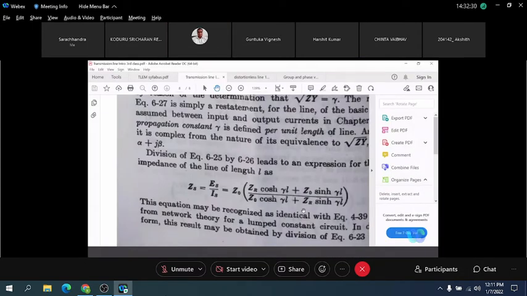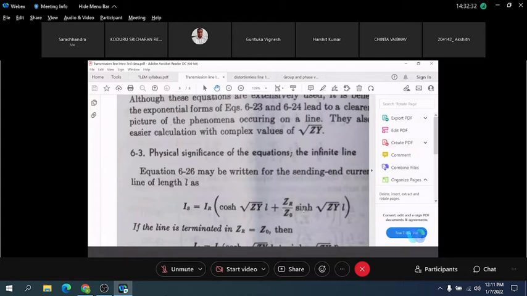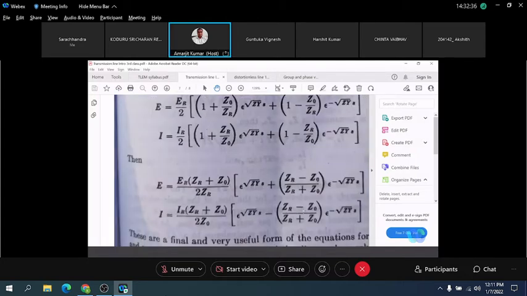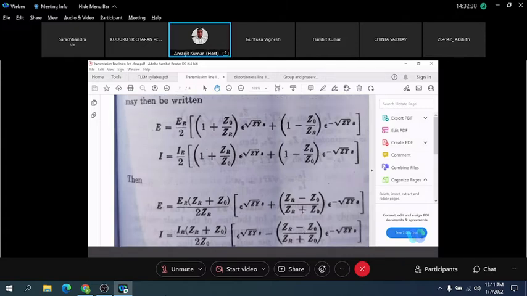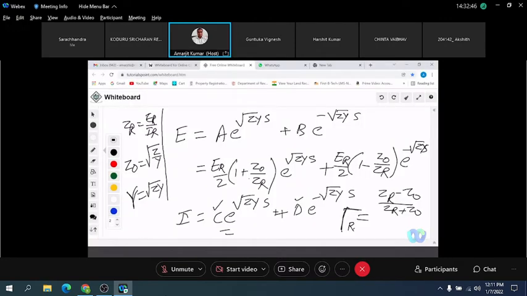So next we have to see the physical significance of these equations that we have done. So at S is equal to 0, what will be the voltage and current?